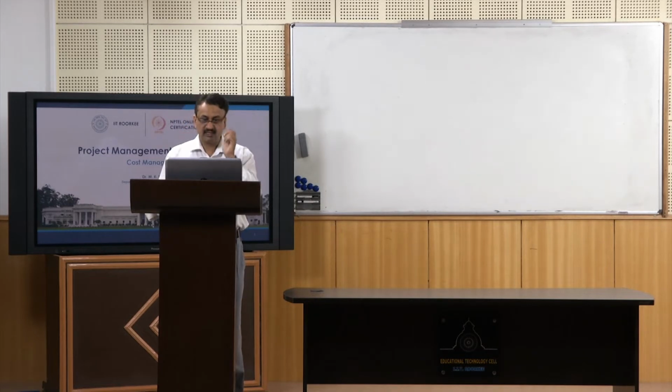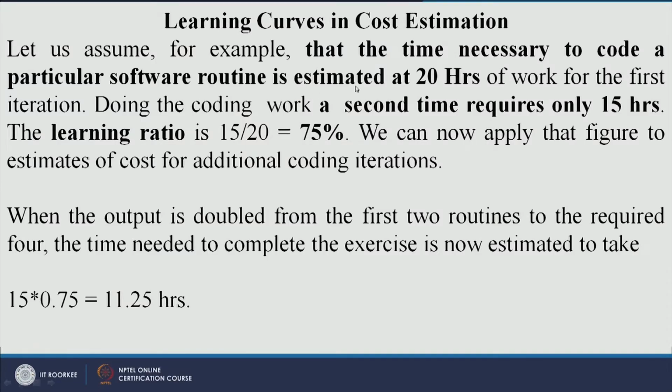So, let us take an example. The time necessary to code a particular software routine is estimated at 20 hours for the first time. When you do the coding of the same software a second time, it requires only 15 hours. So, we will say that the learning curve is 75% or the learning ratio is 75%.